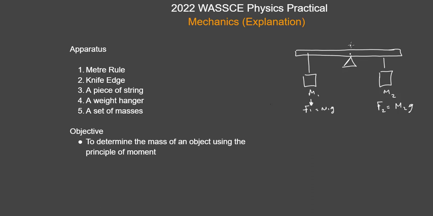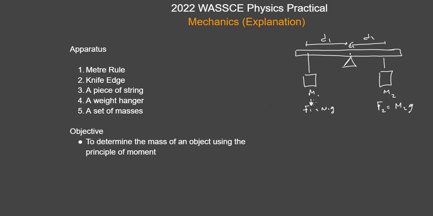Let's say this is G, right? And let's say this distance is D1, and this distance is D2. That is the distance between the point at which the force is acting and the pivot point. The pivot point is basically the point where the object tends to rotate, right?